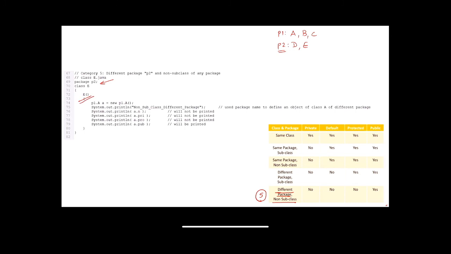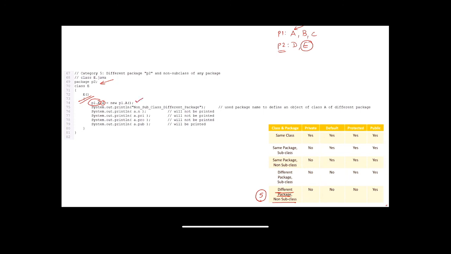In this I have created a constructor. Now this E class has to be a non-subclass, meaning it is not inheriting any class. So I have created an object A of my A class. Now the A class belongs to my P1 package. This is the reason I have written over here P1.A.